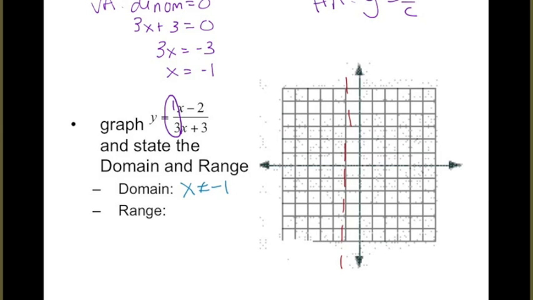So this time, that would be y is equal to 1/3. I can plot that into my graph. And I can also say that that is what's going to limit our range. Y can't be 1/3.